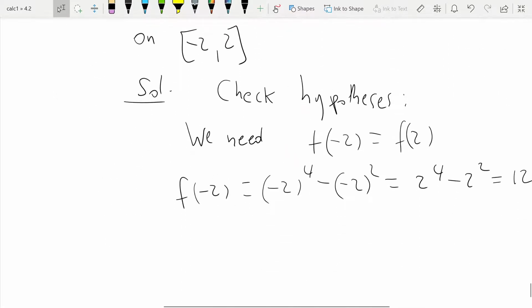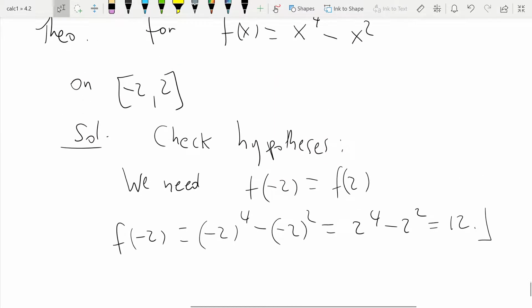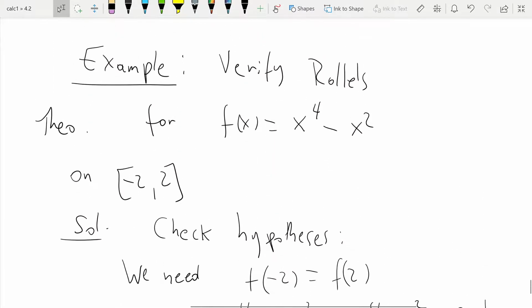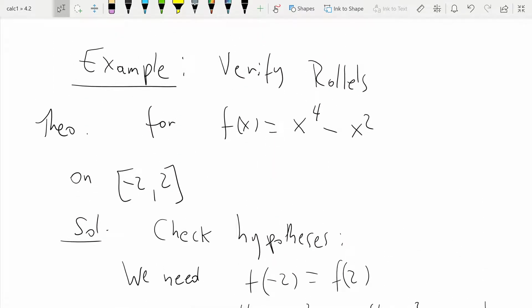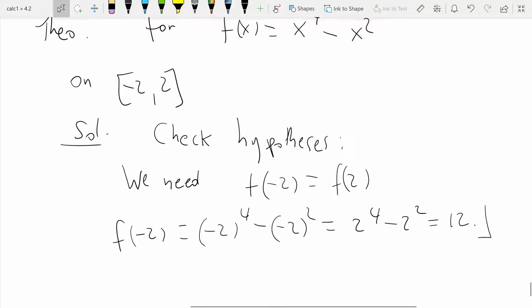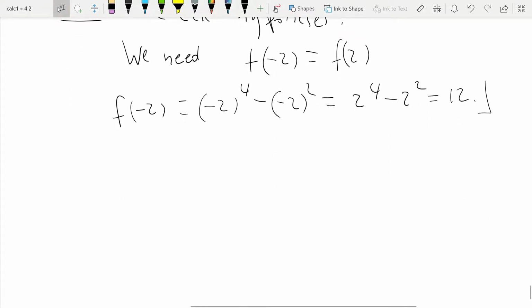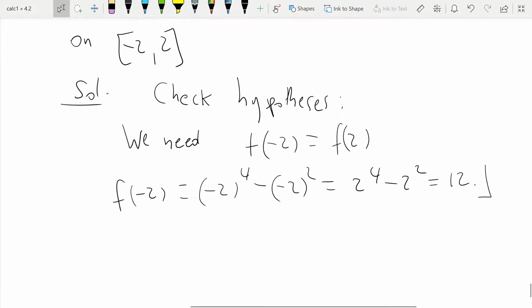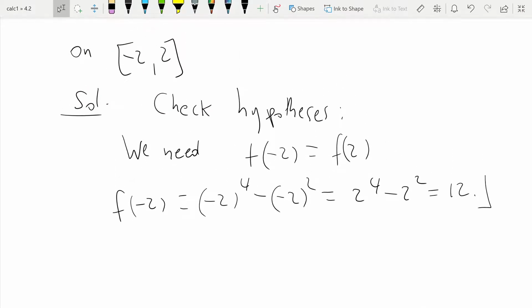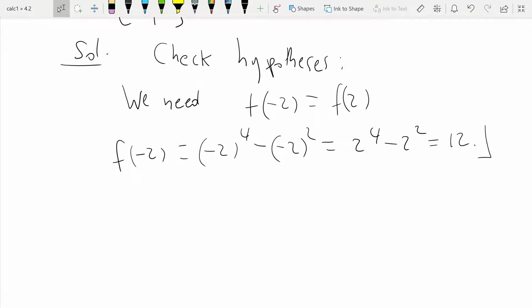So we need to find that point. Do we need to check anything else about this polynomial? No, polynomials are differentiable everywhere, and that means continuous. So f will certainly be continuous in minus 2, 2, including the endpoints, and it's going to be differentiable inside because it's differentiable everywhere, being a polynomial.